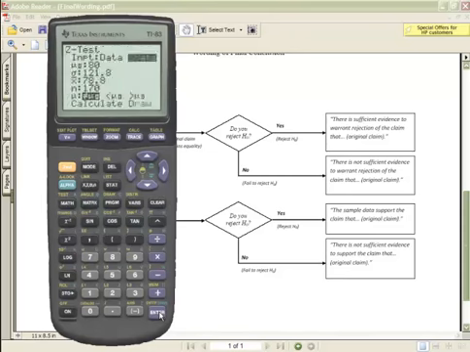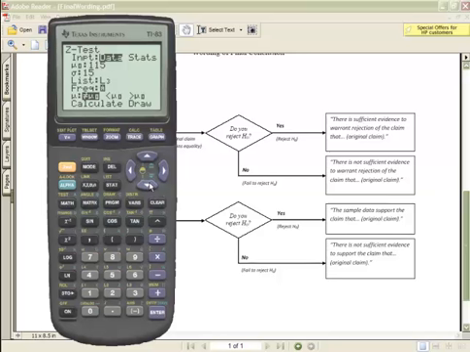That's the first option. Now I have data, so this time I'm going to use data, and it's asking me for the mean that you're testing, which is 115. And we have to know the standard deviation to be able to use the z-test, so I'm going to use 15. Our list is L3.